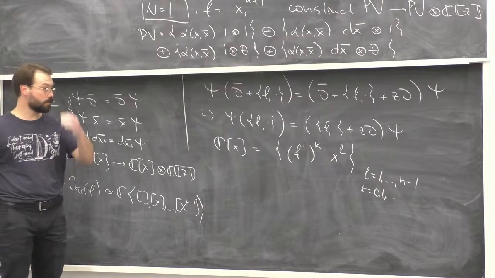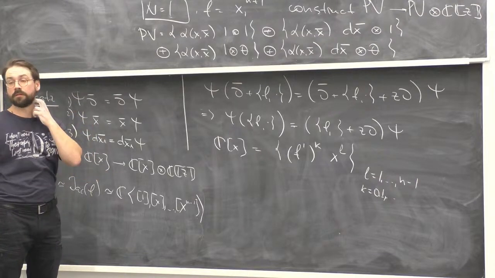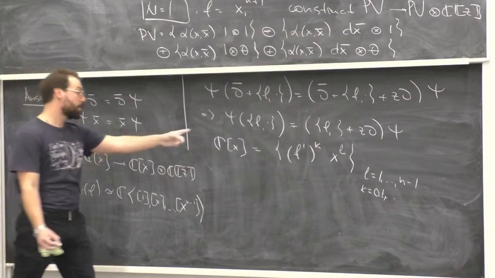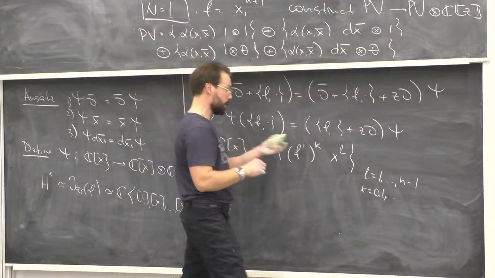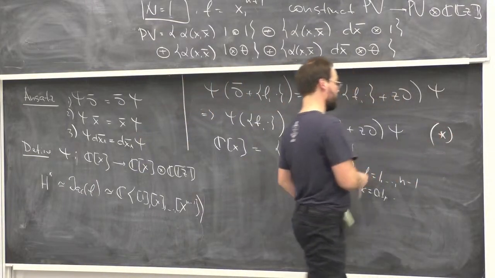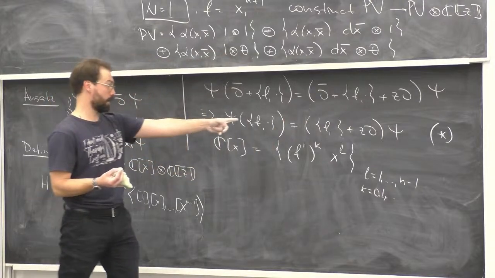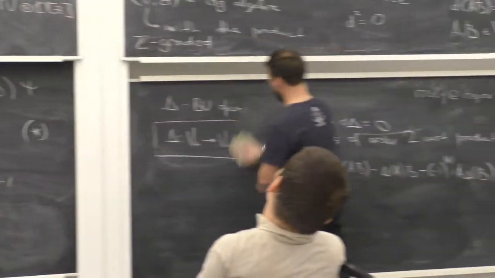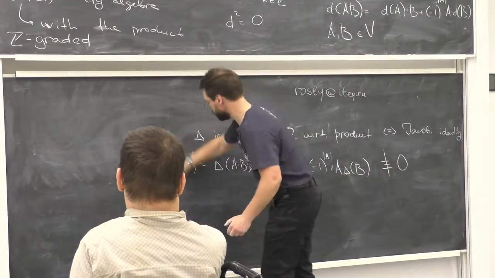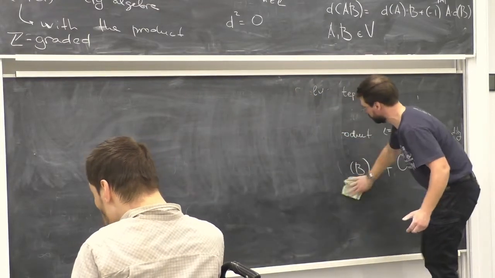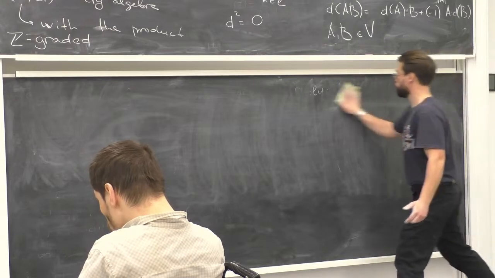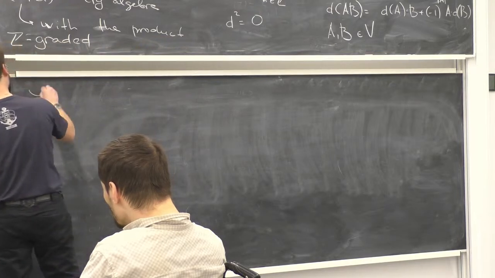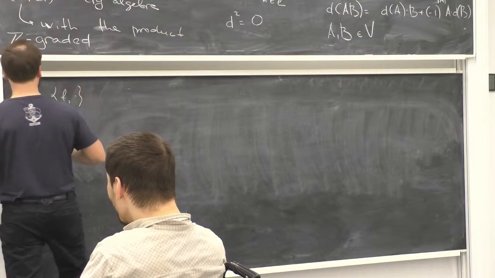So what is the sense of this equality? You just represent your C of x in that way, yes? The point is, that's actually what you need. Let's have a look at this equality, the star. What does star mean? Let's apply it to what?